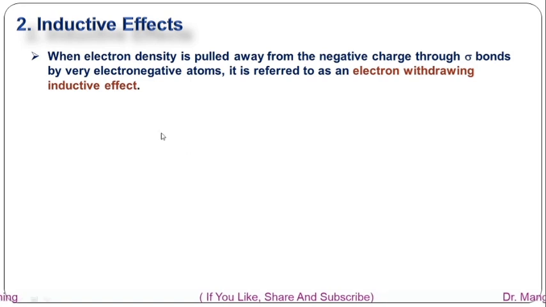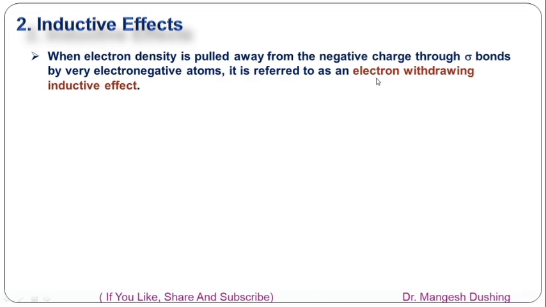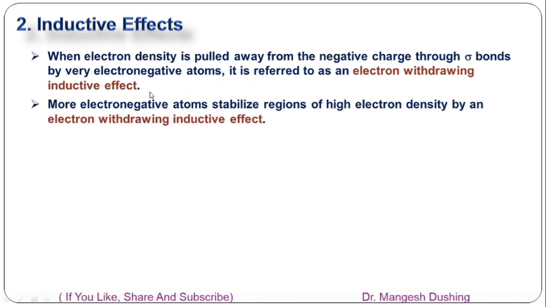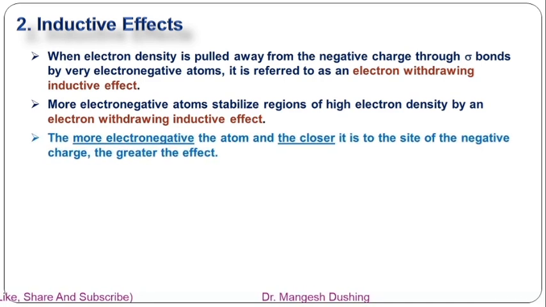To summarize, when electron density is pulled away from negative charge through sigma bonds by very electronegative atoms, it is referred to as an electron withdrawing inductive effect. More electronegative atoms stabilize a region of high electron density by an electron withdrawing inductive effect.